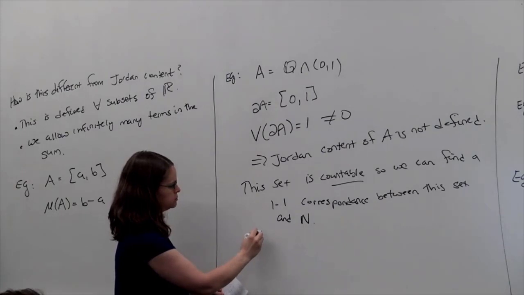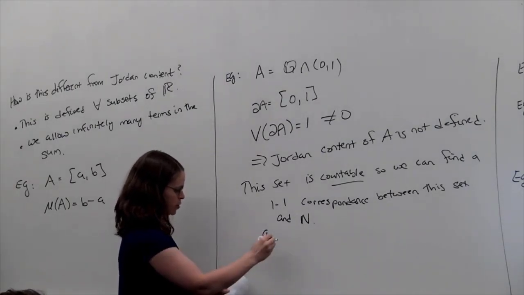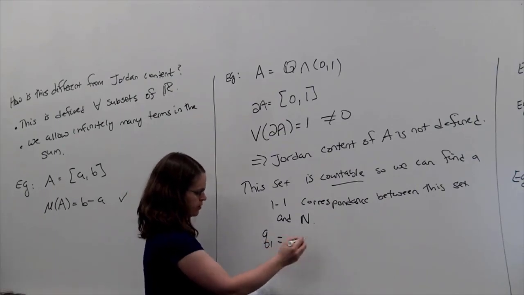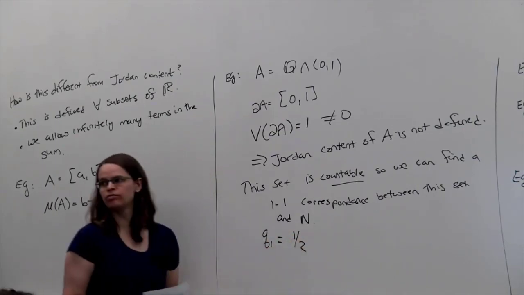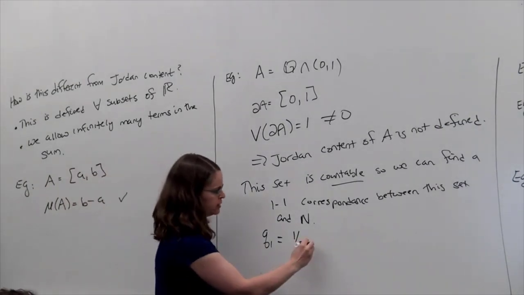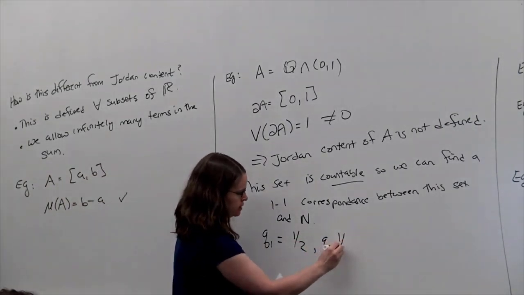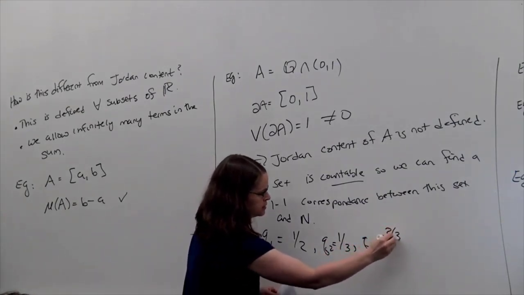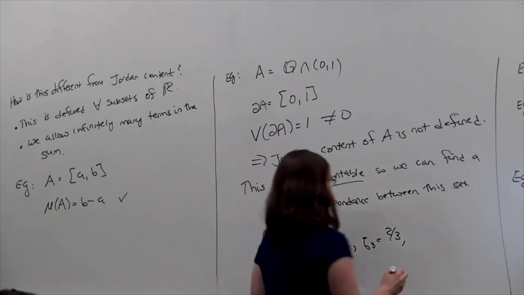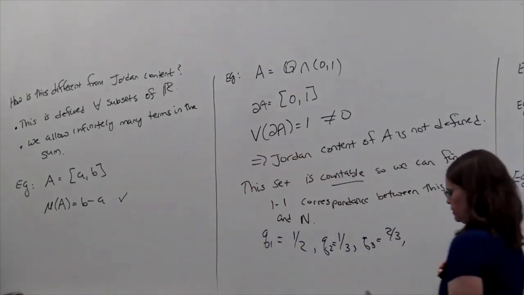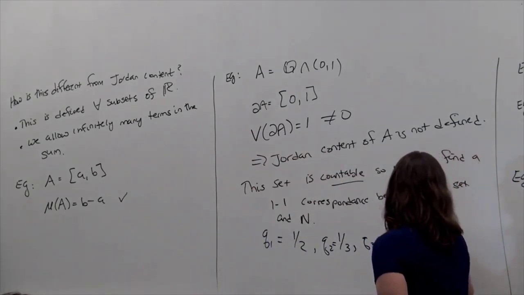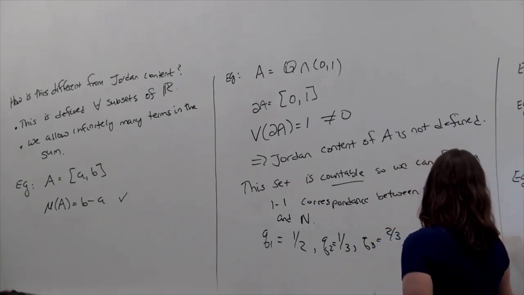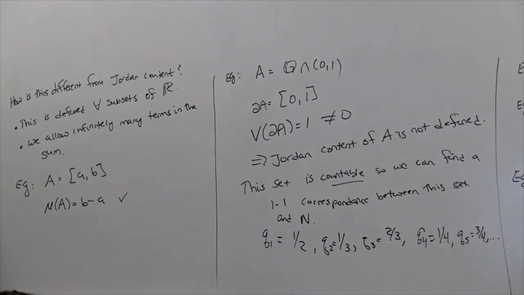Okay, so we'll just let these be Q1, and so on. I can even make it explicit. Maybe Q1 is something that has denominator 2. Then I start trying to get a handle on everything that has denominator 3, everything that has denominator 4, skipping 2 out of 4, of course, because that already showed up.